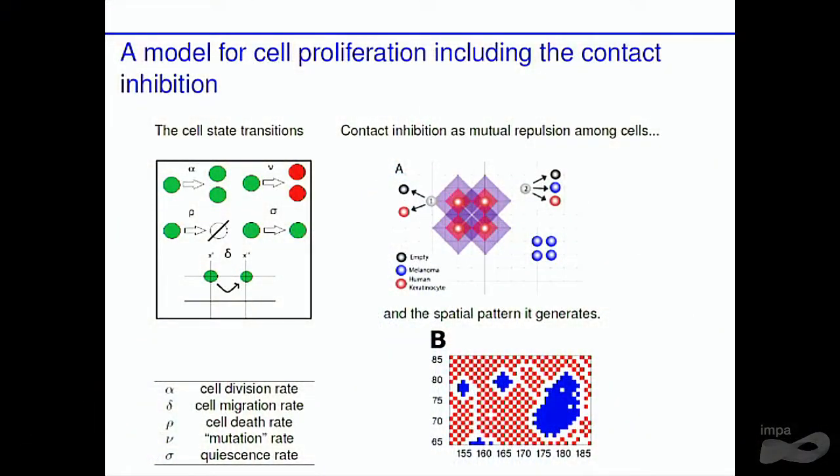So those shadowed areas are indicating those exclusion diameters. We are going to indicate the tumor cells by blue and the normal cells by red. The red area around a red cell indicates the exclusion diameter of a normal cell.